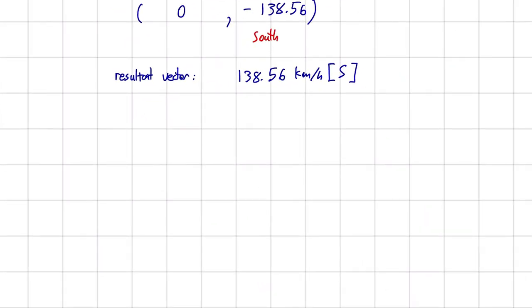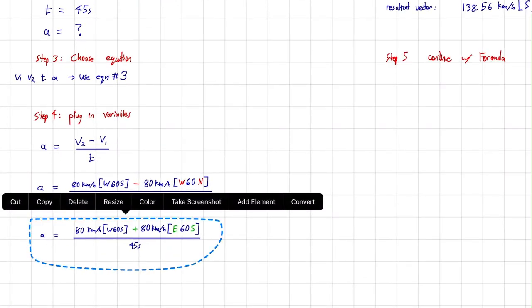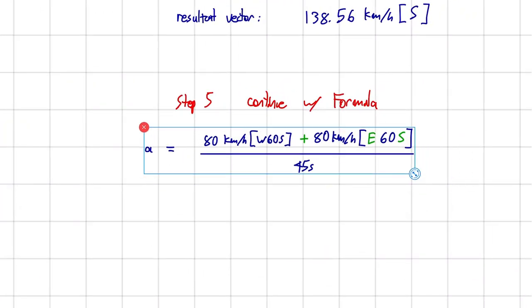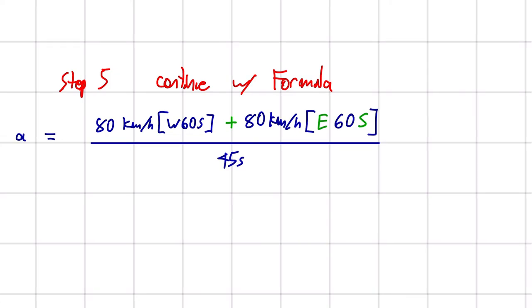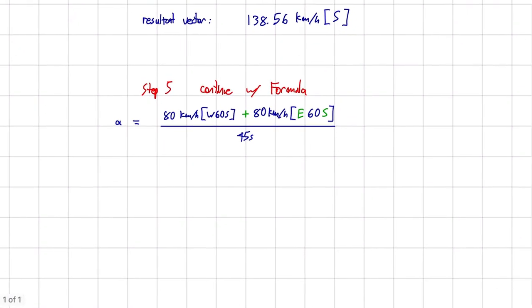All right, now step 5 is that we're going to continue where we left off with the formula. So step 5, continue with the formula. Remember this formula that we had down here. I'm going to copy it, and we're going to continue where we left off. So we were trying to do this vector operation, and this was our resultant.